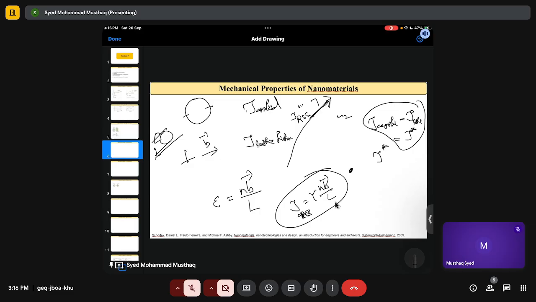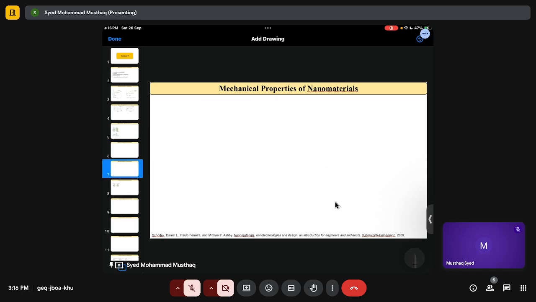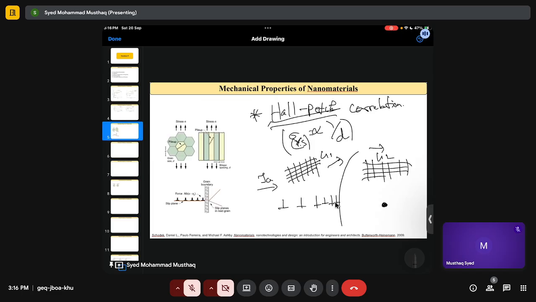Let's move on to the next thing. So what else have we discussed? We have discussed hardness. So how did this hardness come? Hardness tells us how scratch resistant the material is, or how resistant it is to instant deformation.